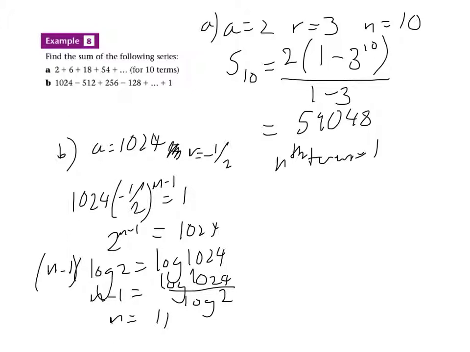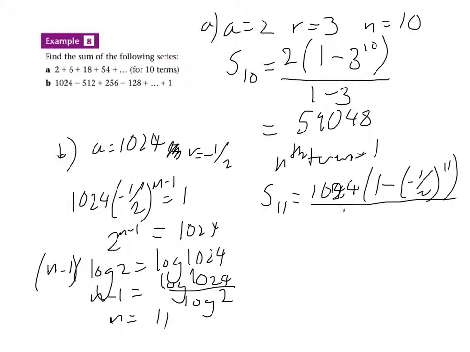So we know our value of n, we know our a, we know our r. So S11 is going to be equal to 1024 brackets 1 minus, and this is negative a half to the 11 over 1 minus negative a half.